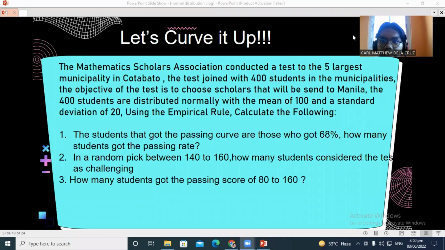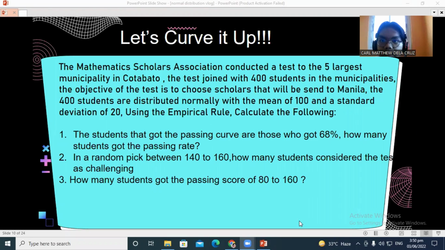Let's carry it up. I have 1 problem here, and under that 1 problem there are also 3 questions that we need to solve.